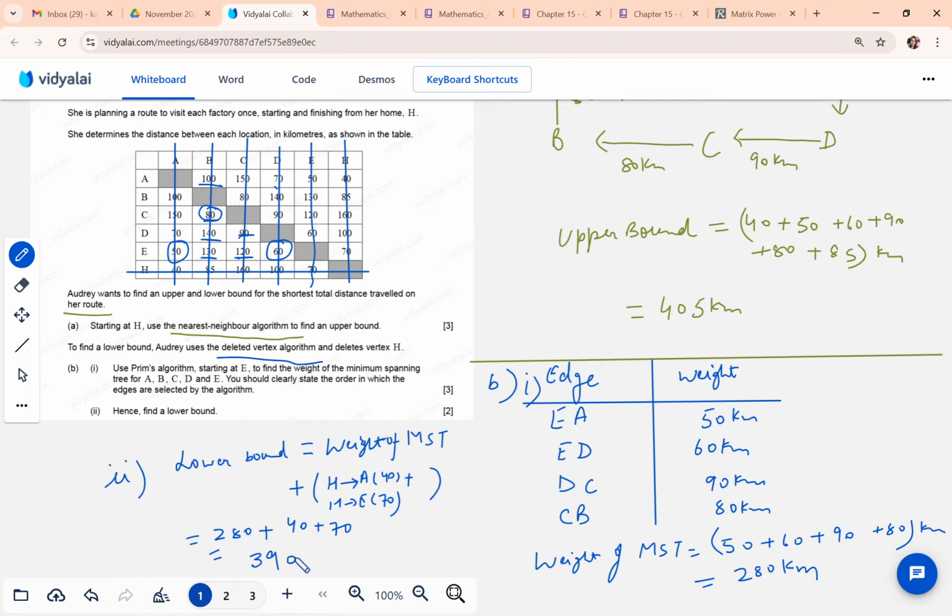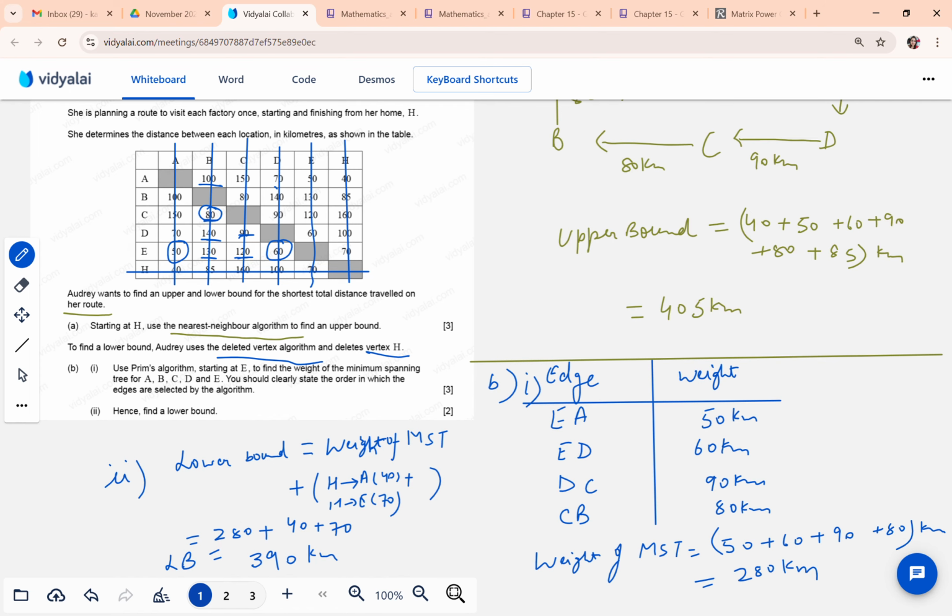So this is the lower bound. I'm just writing it as LB. So here, what was it? It was the weight of the minimum spanning tree plus the weight of the two edges with minimum weight connected with the vertex that we have deleted, that was H here. Okay, so I hope that it's clear.